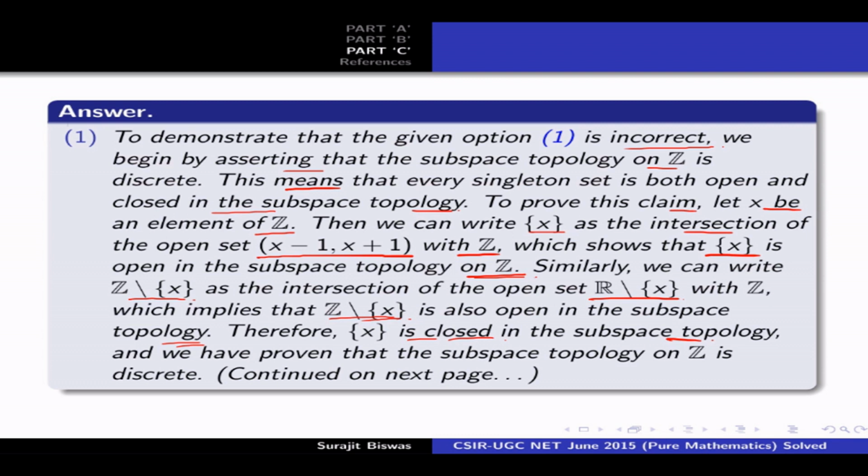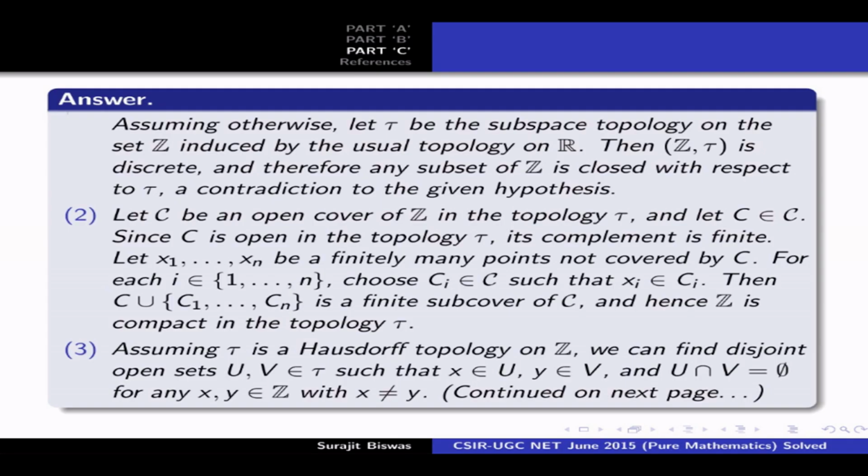So how do we show that? Each singleton is both open and closed, and therefore the subspace topology on Z is discrete. Assuming otherwise, let tau be the subspace topology on the set Z induced by the usual topology on R. Then (Z, tau) is discrete, and therefore any subset of Z is closed with respect to tau, a contradiction to the given hypothesis.